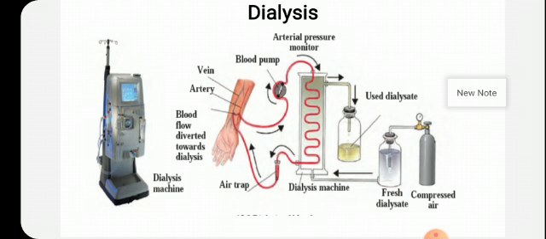The people whose one kidney is damaged can work, means one kidney can complete the work of filtration in the body, but if both the kidneys are damaged, at that time dialysis is a must. It is carried out according to the severity of the patient.